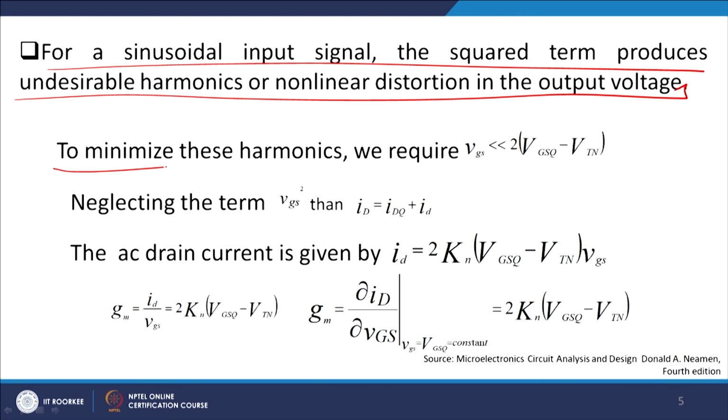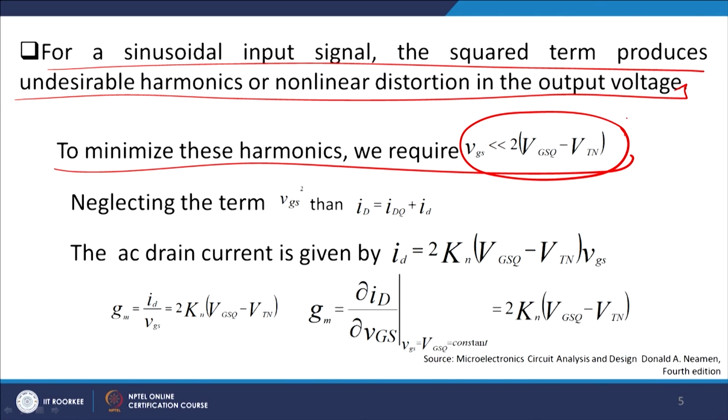To minimize this distortion, we require that vgs should be as small as possible. How small? Much smaller than 2 times (VGSQ minus VTN). So, if you neglect the vgs square term, I get ID equals IDQ plus id. The AC drain current is given by this quantity, as we have already discussed.